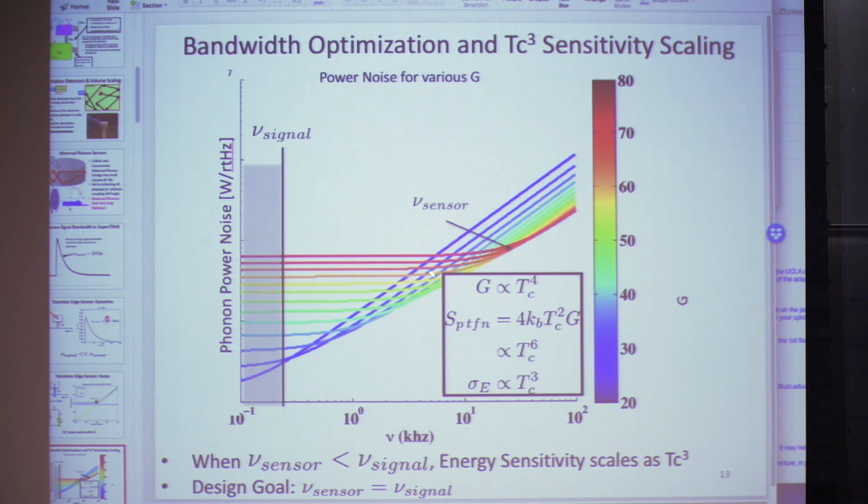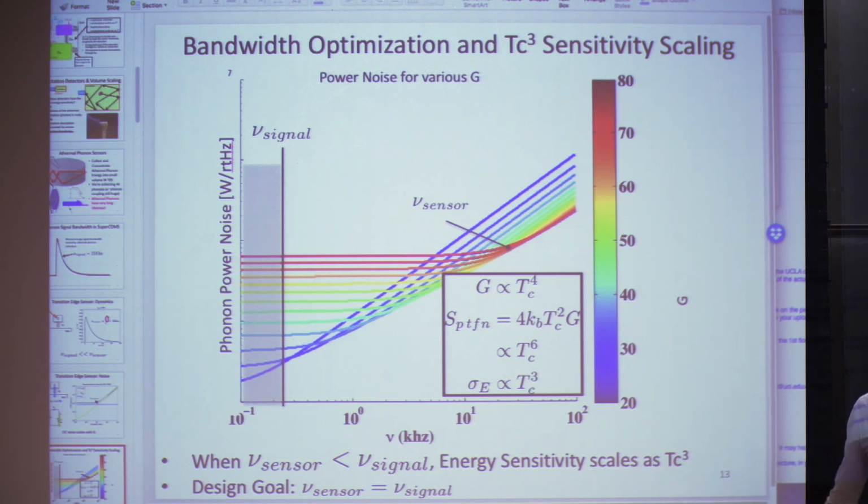And that means that your energy resolution in this limit, where your sensor bandwidth is bigger than your signal bandwidth, scales as T cubed. So as I drop G, as I drop TC, my V sensor goes this way and goes down. And the change here in a given bandwidth scales as T cubed. So it's an enormous improvement in energy resolution.